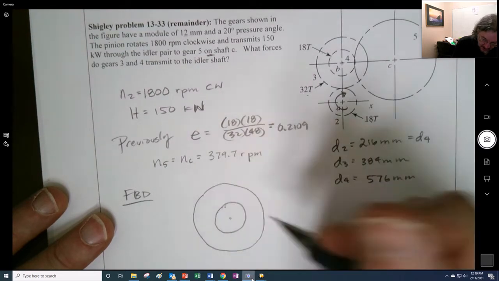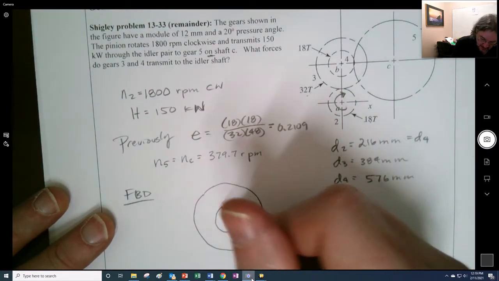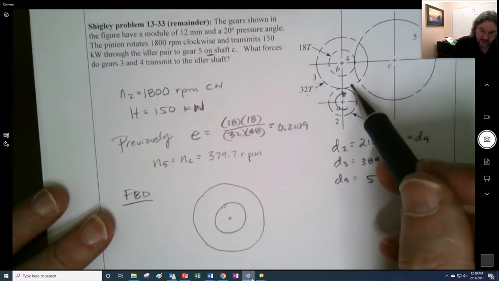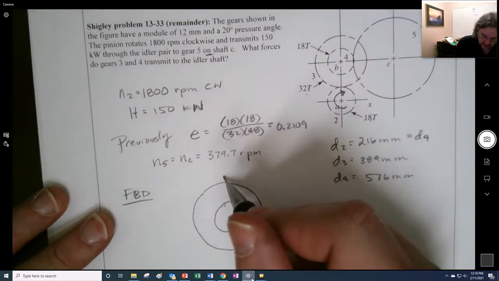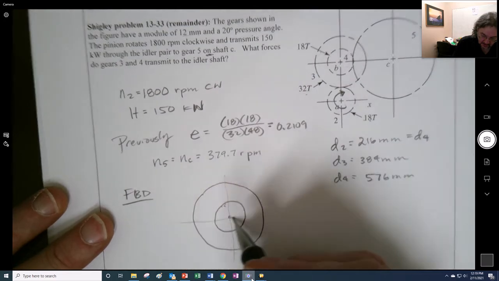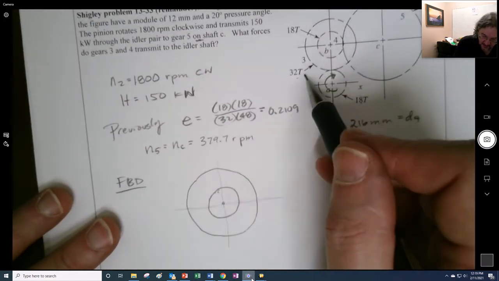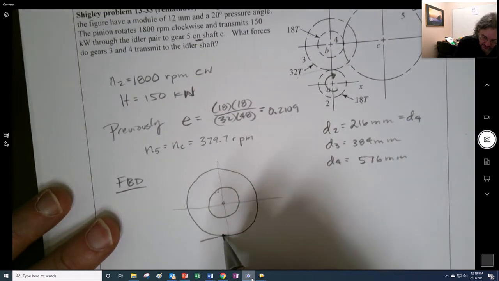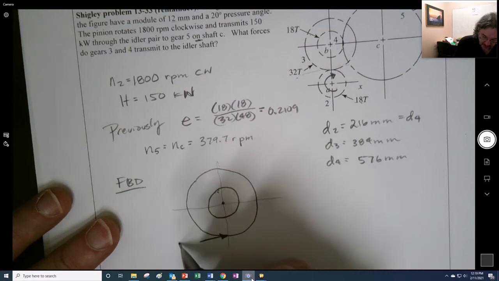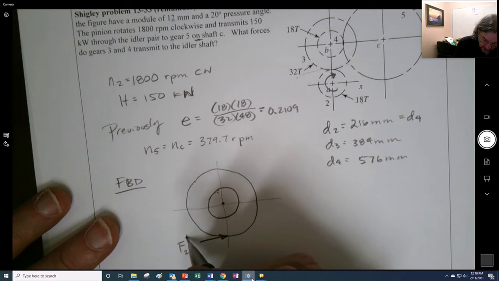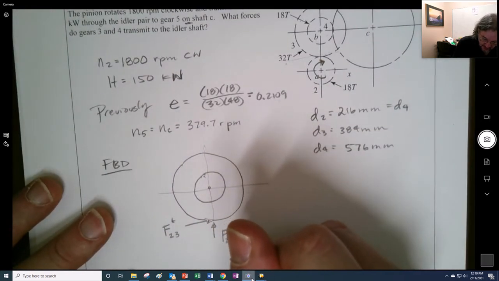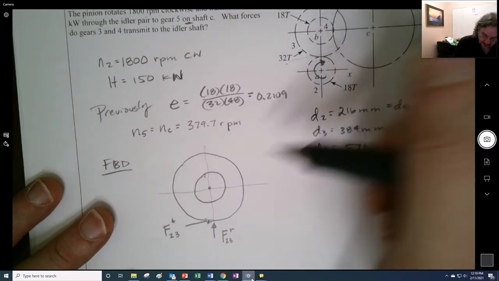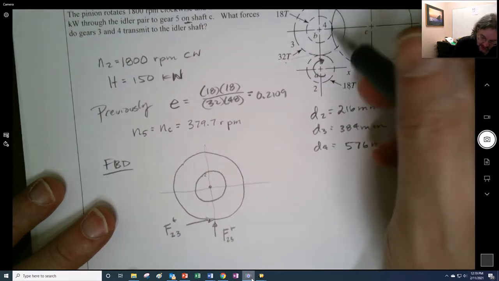Looking at the forces that are acting on gear 3, gear 3 is being turned that way, so it's being pushed in that way. So this is the force of gear 2 on 3 in the tangential direction. Here's the force of 2 on 3 in the radial direction. And then we see 5 right here.